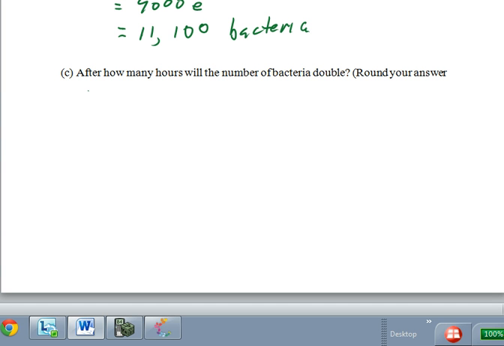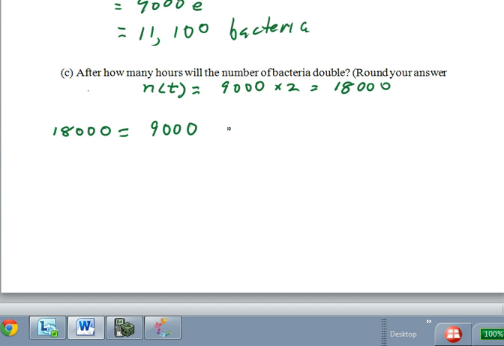So the last problem asks us, after how many years will the number of bacteria double? So when is n of t equal to 9,000 times 2, or 18,000? So we'll say 18,000 would then have to equal 9,000 times e to the 0.105 t.